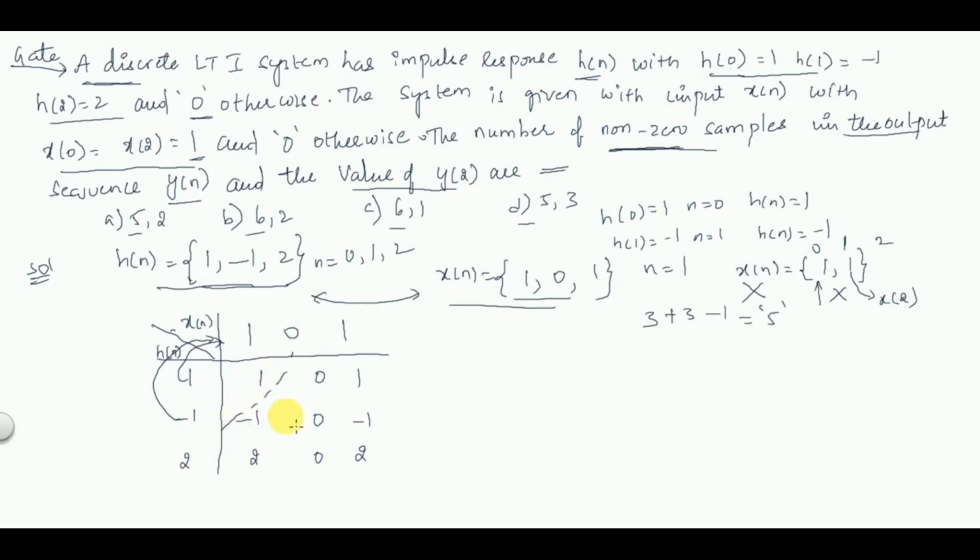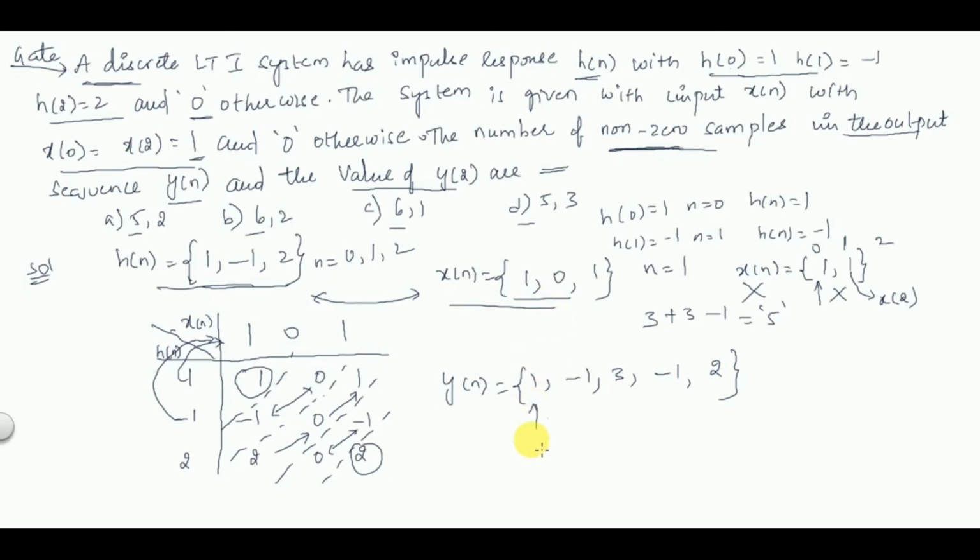Then divide as we have done previously. So y of n: in the first division you have only 1, in the second 0 added with minus 1 is minus 1, next 2 plus 0 plus 1 is 3, in the fourth row 0 plus minus 1 is minus 1, and the last has only one element, so it is 2. This is your y of n.